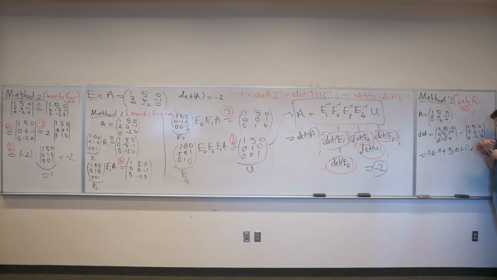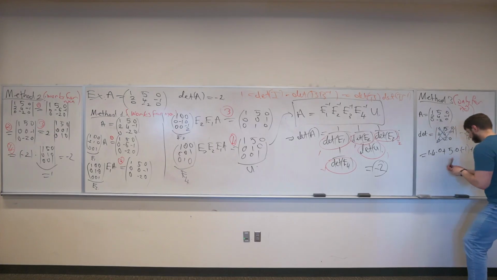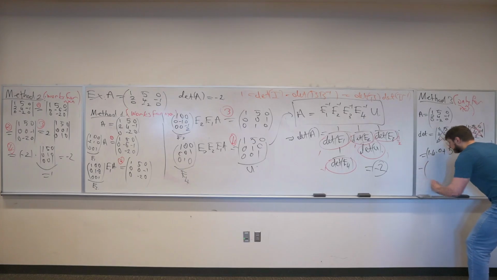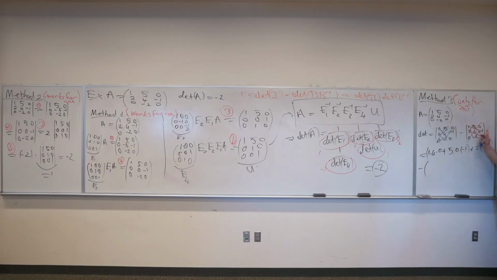For this, you do it the other way around. You look at the off diagonal, and then the two triangulars that correspond to it, this one and this one. So this is the positive minus 0 times 4 times 0. Then, 1 times minus 2 times minus 1.